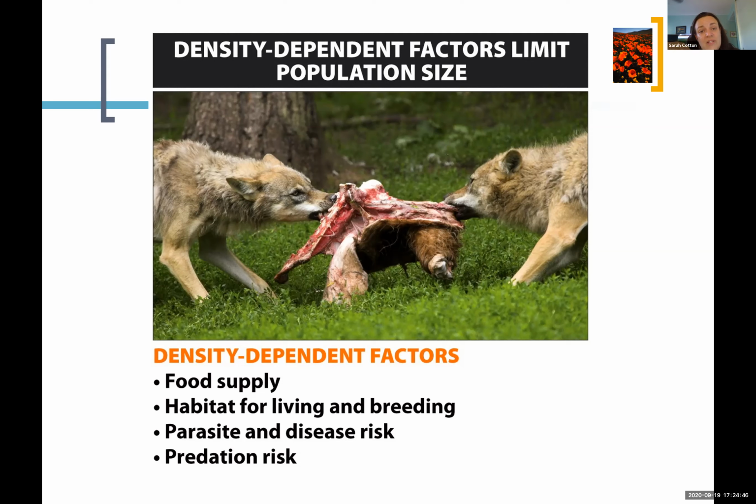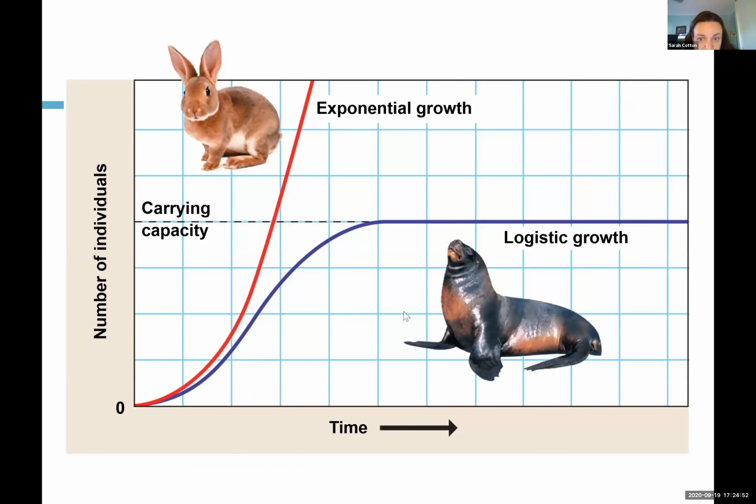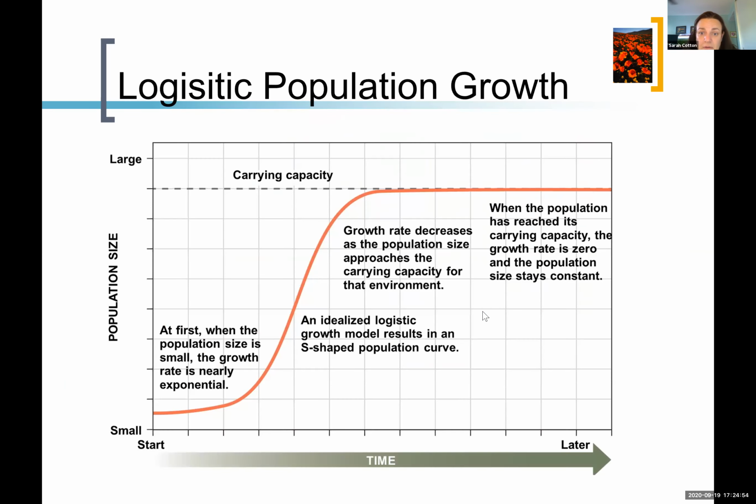So those are density dependent factors. These are the kinds of things that are responsible for keeping a population in a logistic growth kind of situation. So the density dependent factors are the things that keep us at carrying capacity.